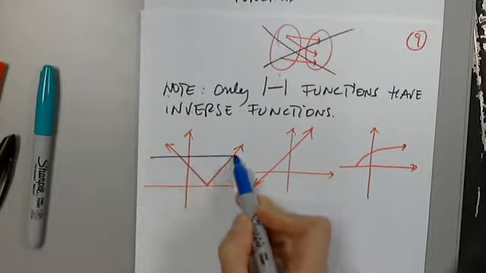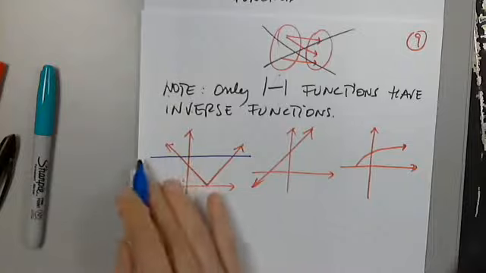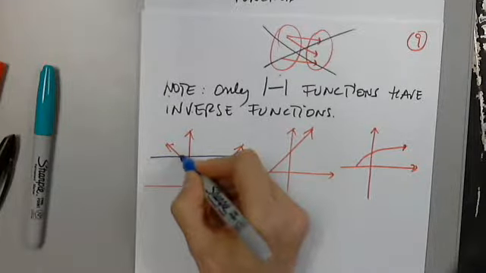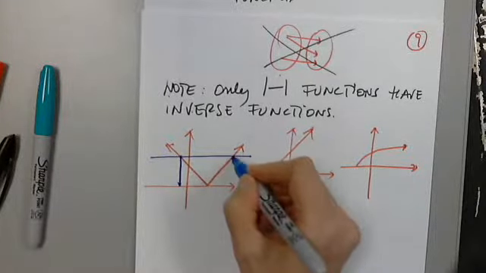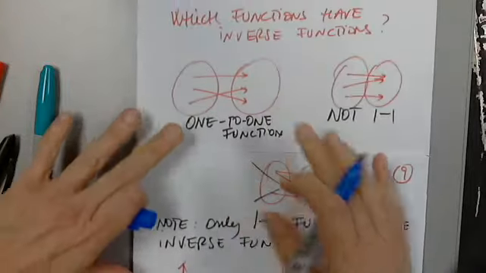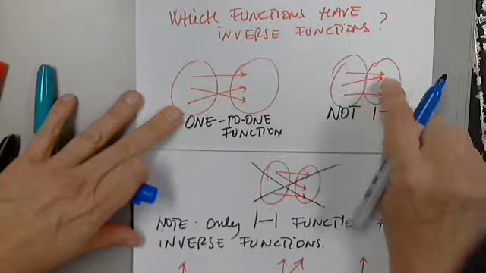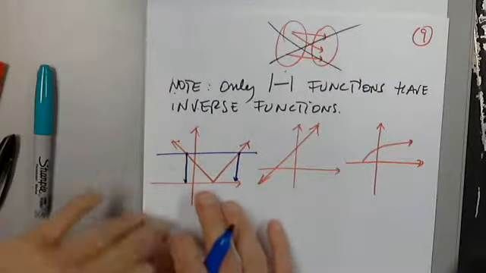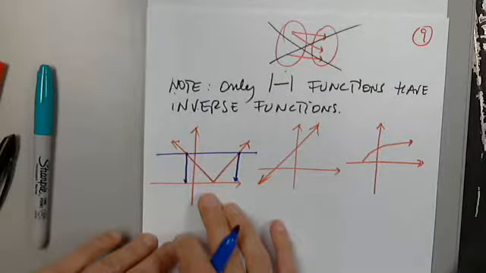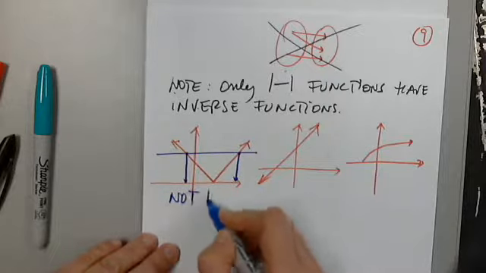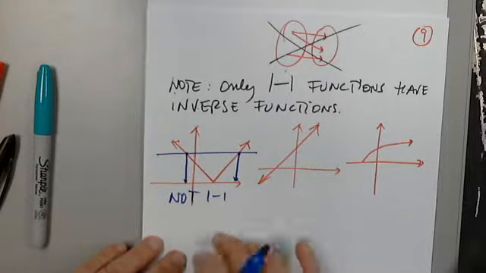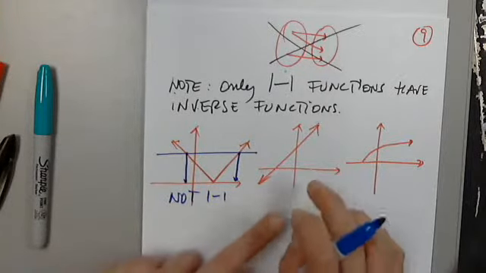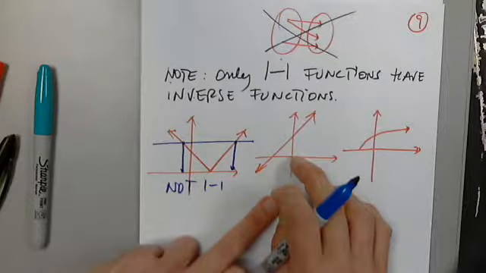Is this function one-to-one? By the horizontal line test, for this y value, we read 2 different x values. For this y value, we will have 2 different x values. Is the absolute value a one-to-one function? No. Not one-to-one. Will it have an inverse function? No.